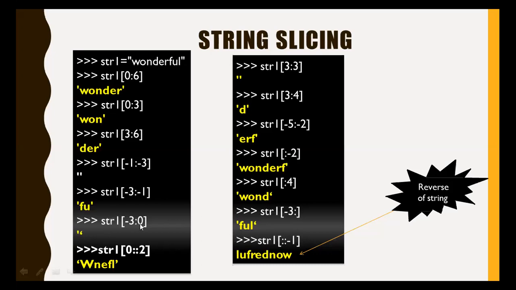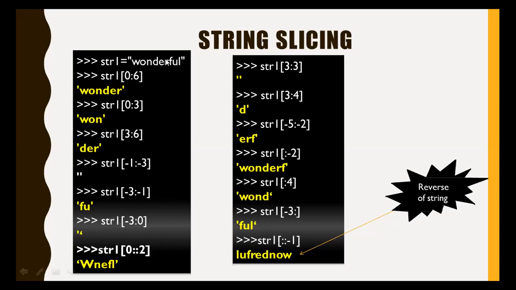And this 0 zeroth position, this double quotation is there, and here str1 0 colon colon 2 means every second character is skipped. See, first W will be printed, O will be skipped and N will be printed, and D will be skipped, E will be printed.